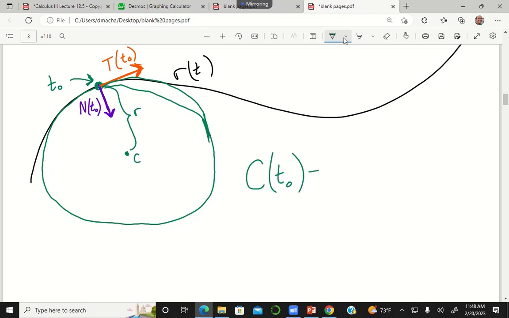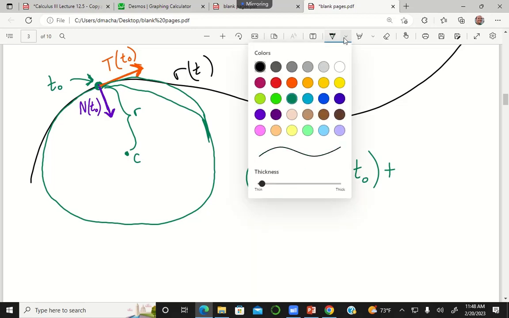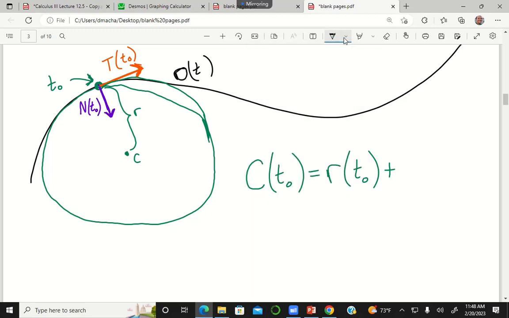To get the center of the circle, I have to get the point on my curve, which is the vector r evaluated at the value t naught, plus, since I'm using r for radius, I should actually be smart and use a different letter for my curve.